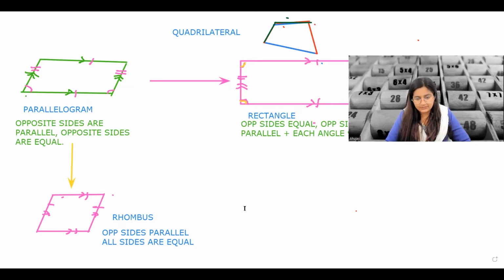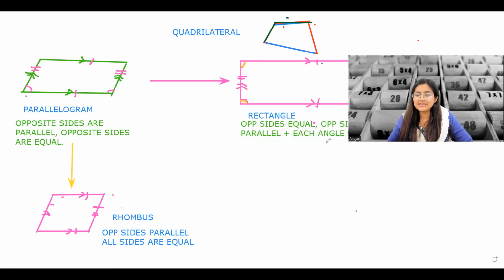Now, let's see here. From here to here, what we have done is make each angle 90 degrees, right? Now, we will do the same thing from here to here: we will change each angle of this rhombus to 90 degrees. And coming downwards from here to here, we made all the sides equal.